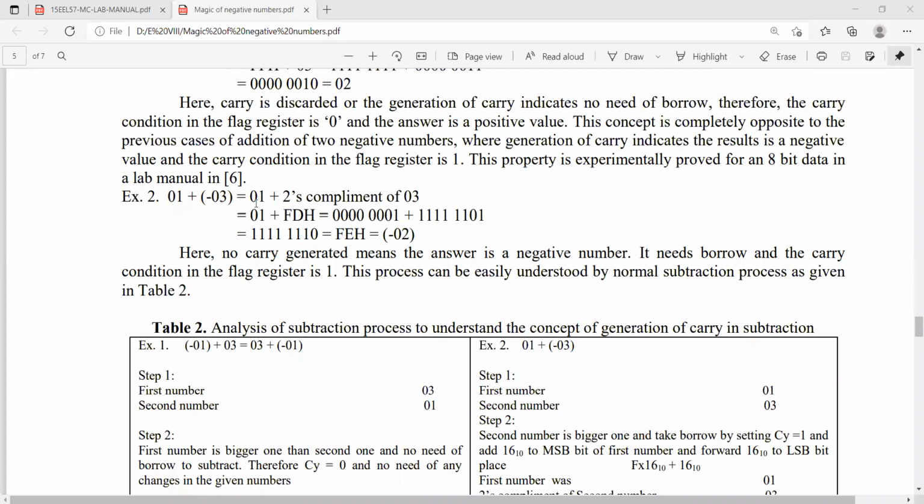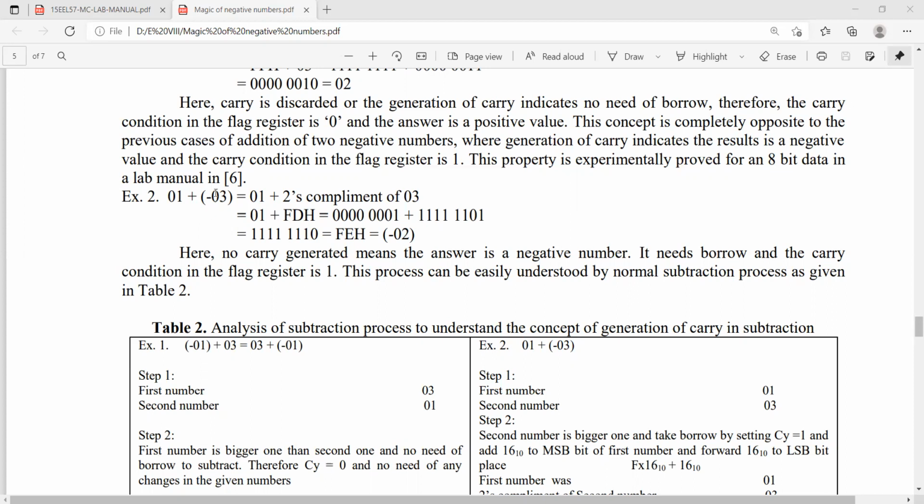So 0, 1 plus of minus 0, 3. So this 0, 3, always the second number, should be in the 2's complement format. That is a negative number, so you can represent this in the 2's complement format. So minus 3 equivalent 2's complement format is FD.